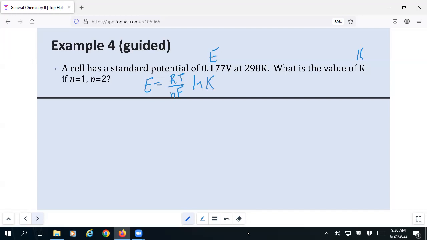Now, the wonderful thing about these equations is that there are a good number of constants that are involved. R is a constant, F is a constant, and in our case, we're looking at two different versions of what happens at 298 Kelvin. That one's kind of a constant, at least in our circumstances as well. Now, you will see there are different versions of this equation that float around.